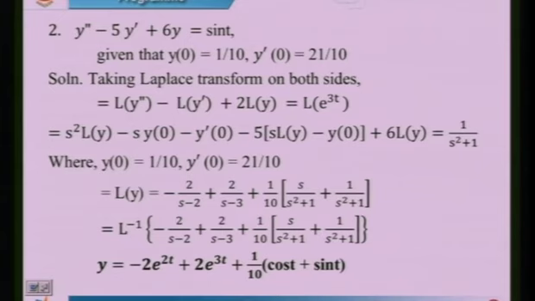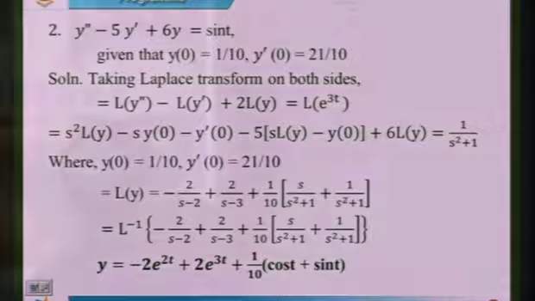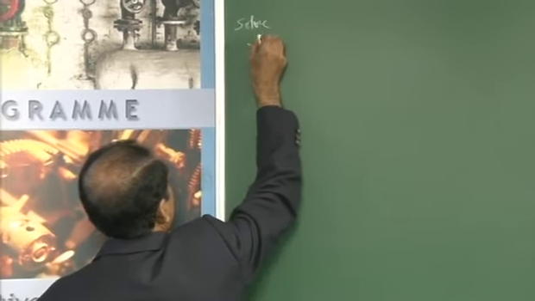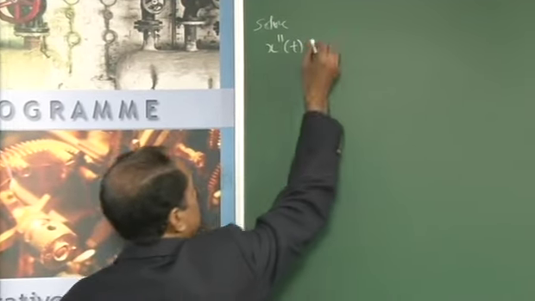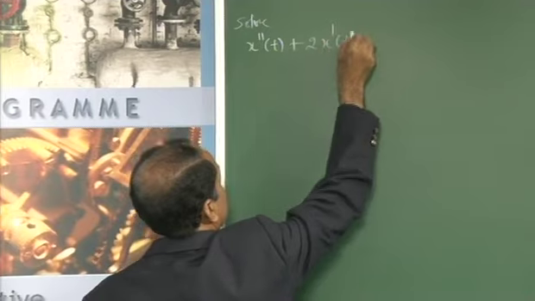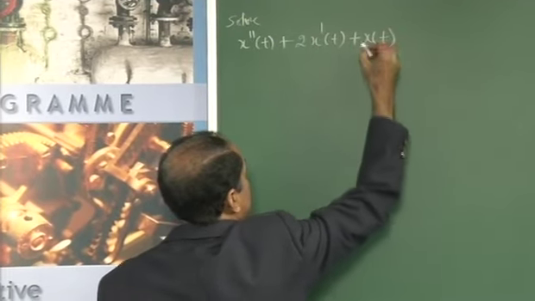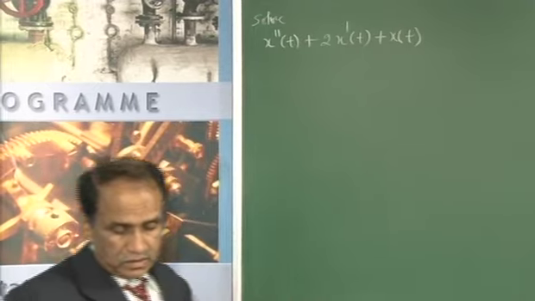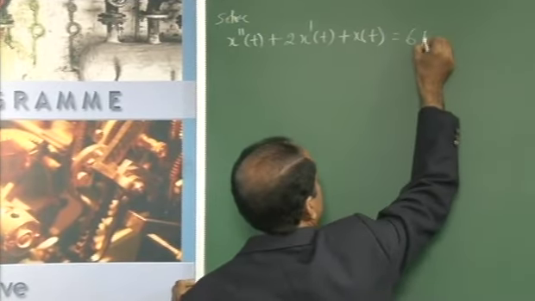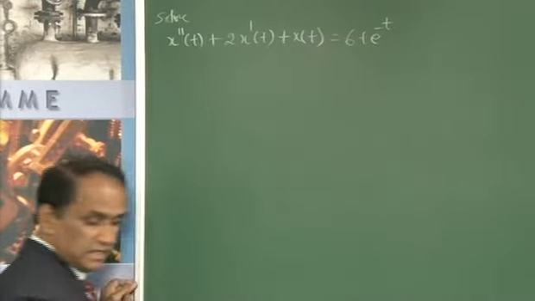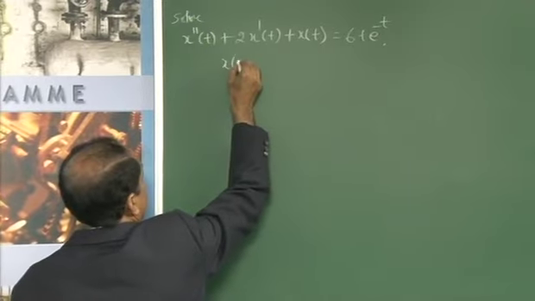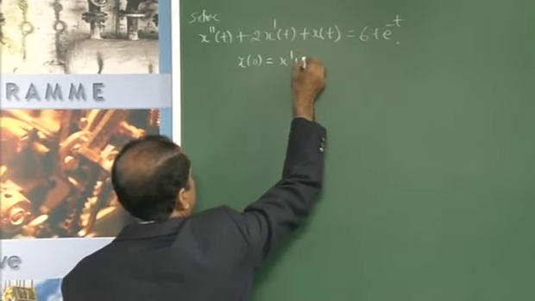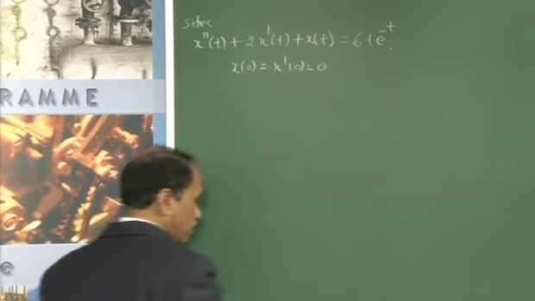The problem is: solve x double dash t plus 2x dash t plus x t equal to 6 t e to the power minus t, and the initial values x of 0 equal to x dash of 0 equal to 0 are given.